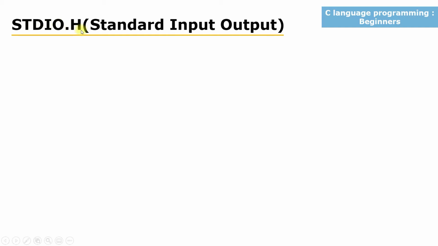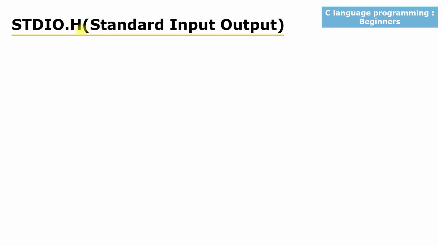This header file also provides predefined functions which help us to read data from a file and write data to a file. Those file-related functions we will discuss in the files concept. Now we will learn about the predefined functions of stdio.h related to reading data from the keyboard and displaying data onto the monitor.